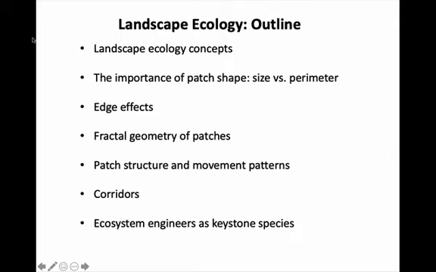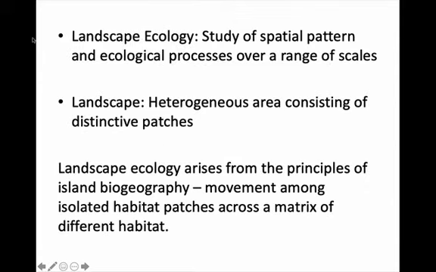So let's start by just considering the idea of landscape ecology. Once we accept that habitat patches occur as islands and are functionally islands, then it becomes really interesting to ask what the effects are of the spatial pattern of patches and how that pattern affects ecological processes.